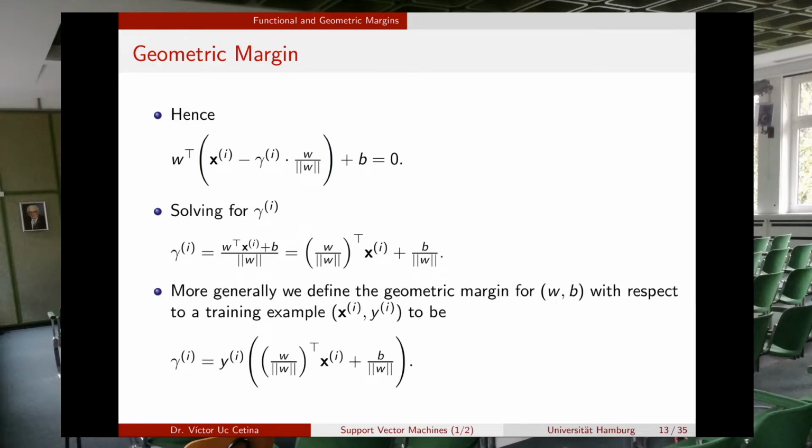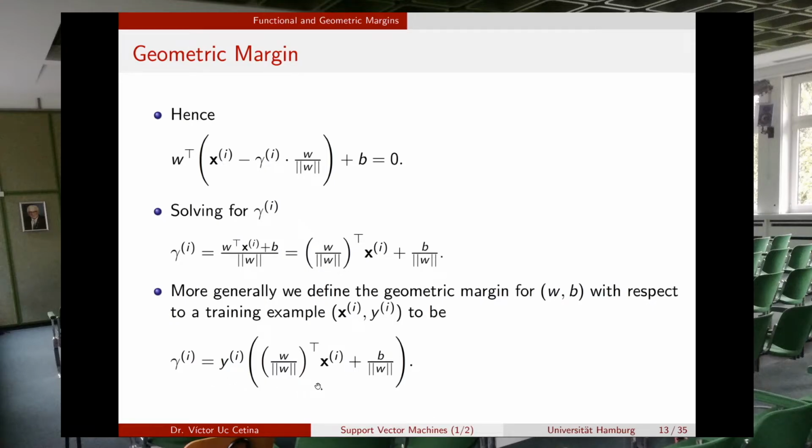So more generally, we define the geometric margin for some given vector parameters w and b with respect to a training example i to be this one. This is very similar to the functional margin.